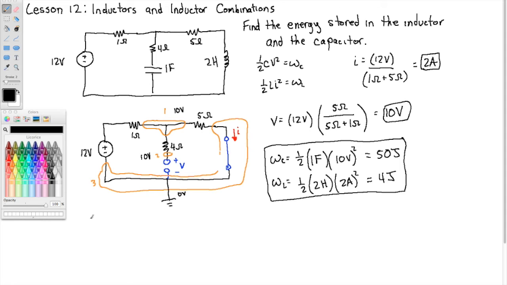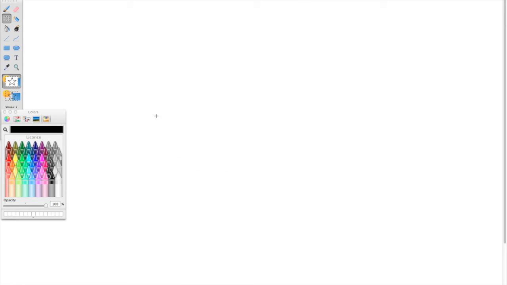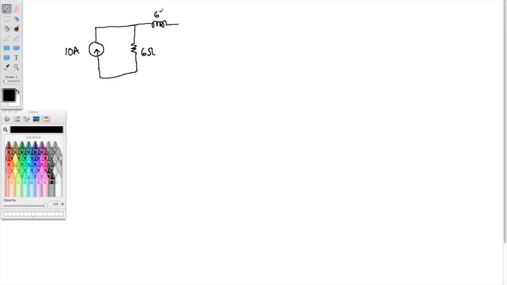All right, well, let's take a look at another example. So suppose we had a 10 amp source, a 6 ohm resistor, a 6 henry inductor, a 2 ohm resistor, and we'll put a capacitor in there for good measure. 4 farads.